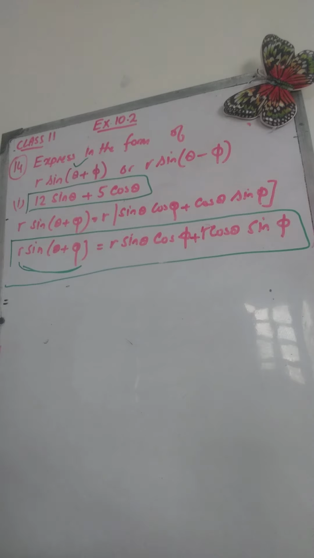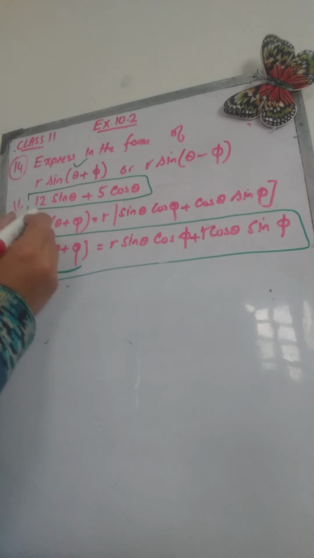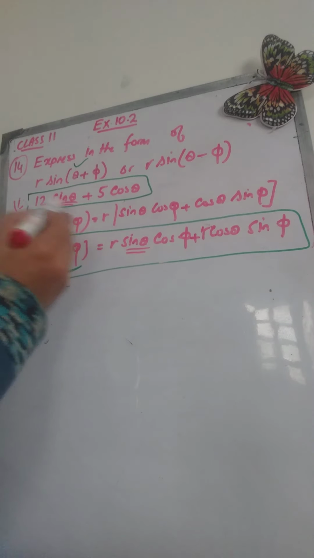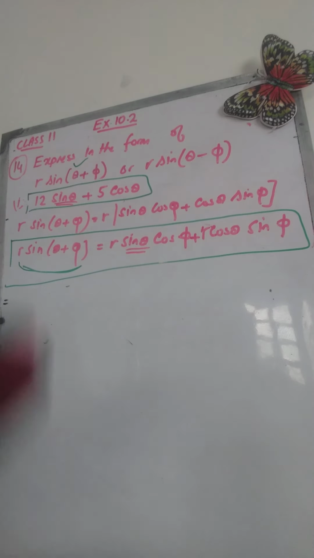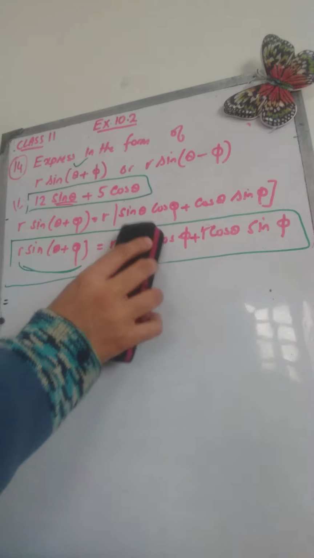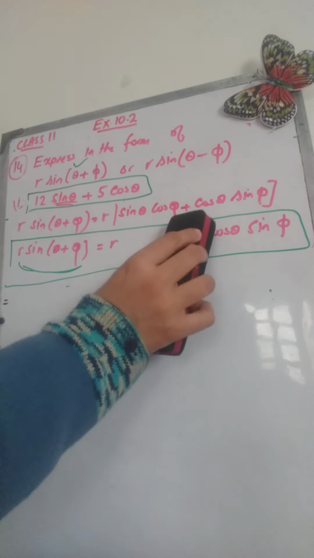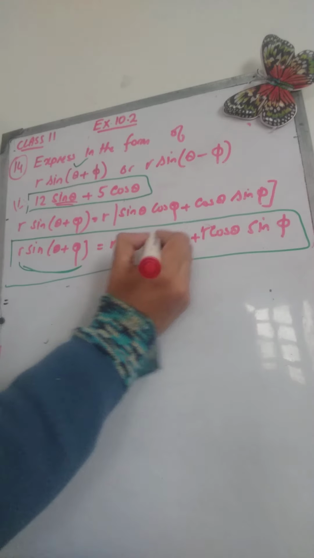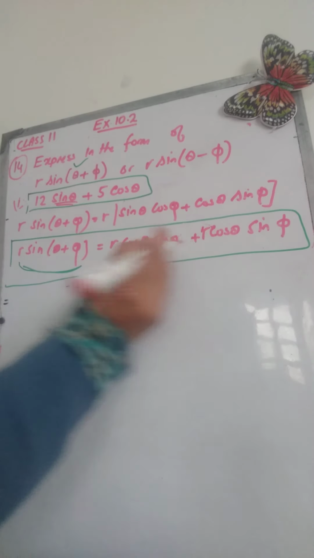Now if you compare both these quantities, this expression and this over here, let me write cos phi first, and then I'm going to write r cos of phi and sine theta, so that you can see it better.